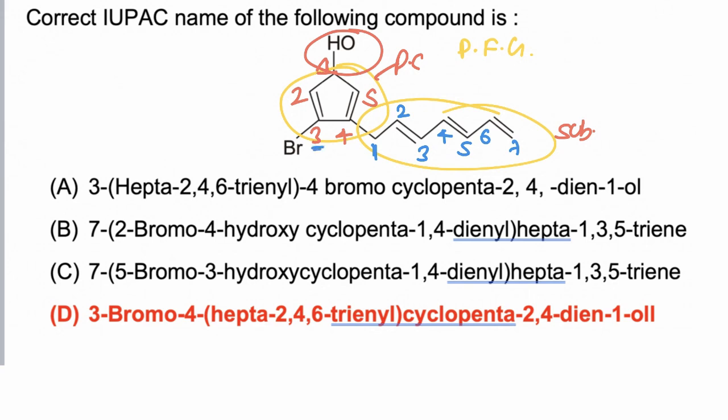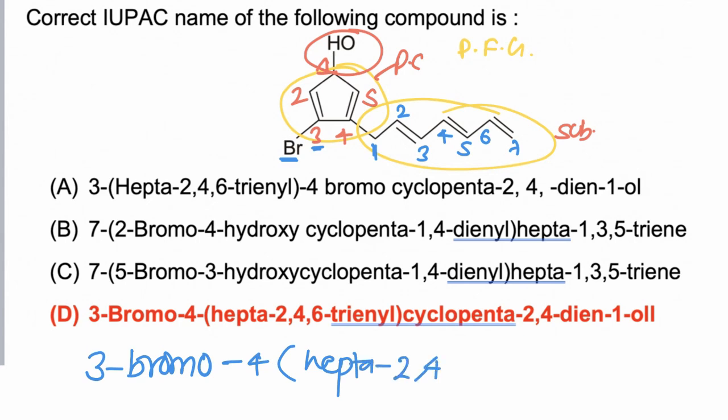At third position bromo is present. So bromo is written first because priority of substituents is taken from their alphabetical order. So bromo is given higher priority. So the name of the molecule is 3-bromo, at fourth position hepta-2,4,6-trienyl.